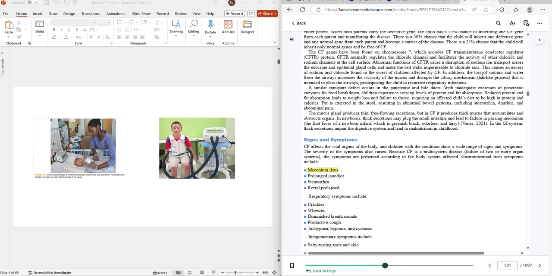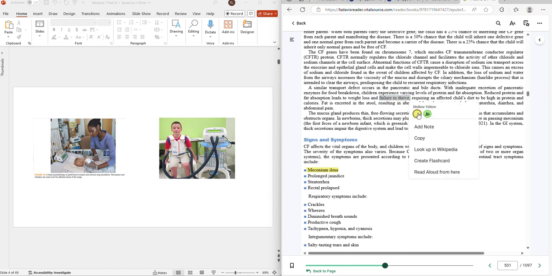Another big thing with infants with CF is failure to thrive, okay? You may see this symptom in those infants. They just have a hard time thriving. Bowel movements may be different than a normal infant.